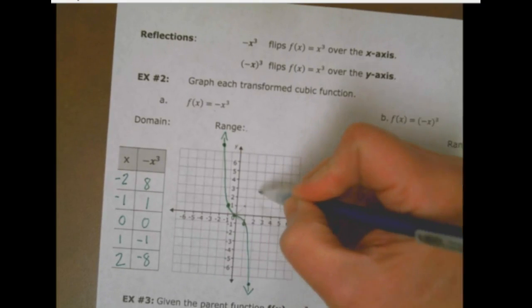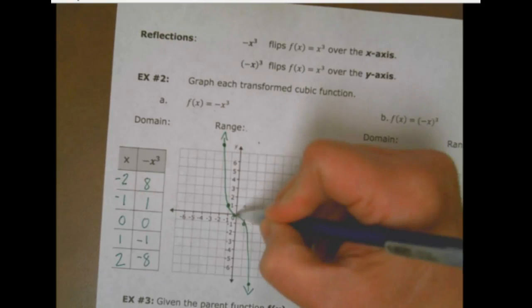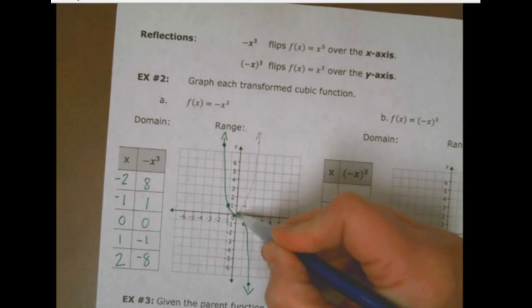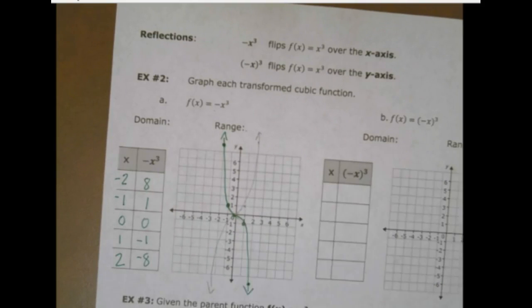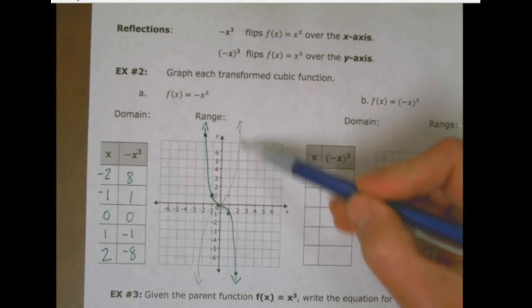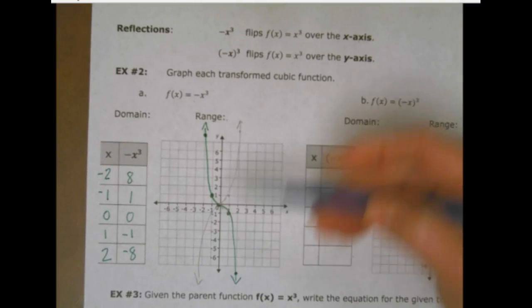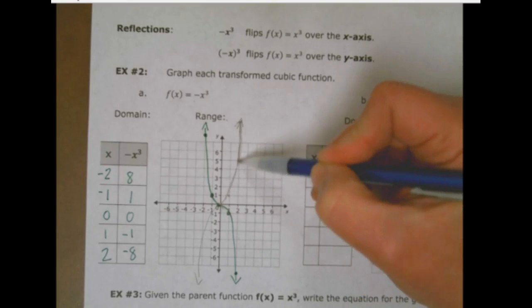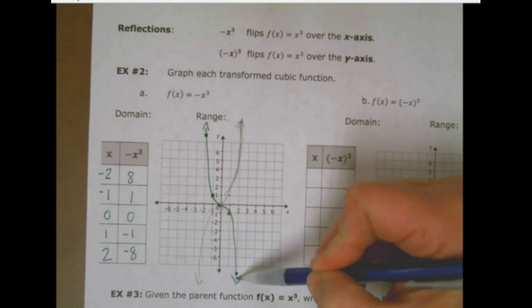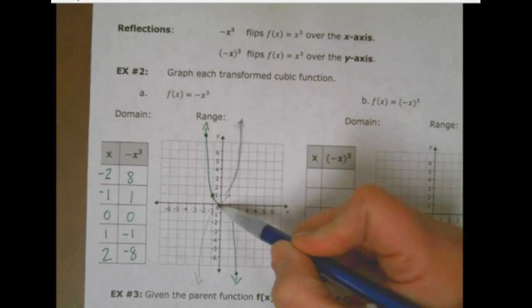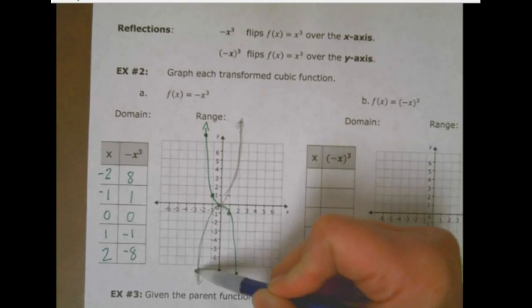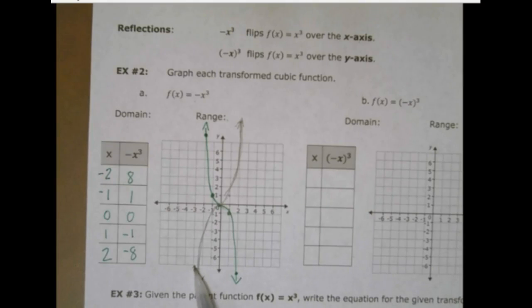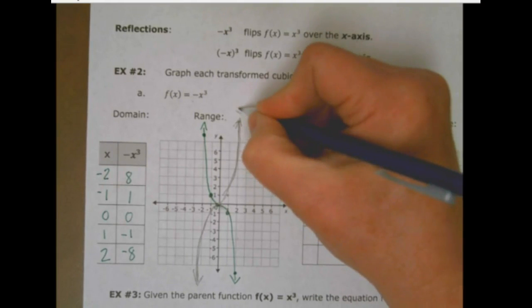The parent graph, this is what the parent graph would look like. I've sketched it in there very lightly. Can you tell that this one points up? The reflection points down. This one points up. It's a reflection of this one that points down. This is the parent graph.